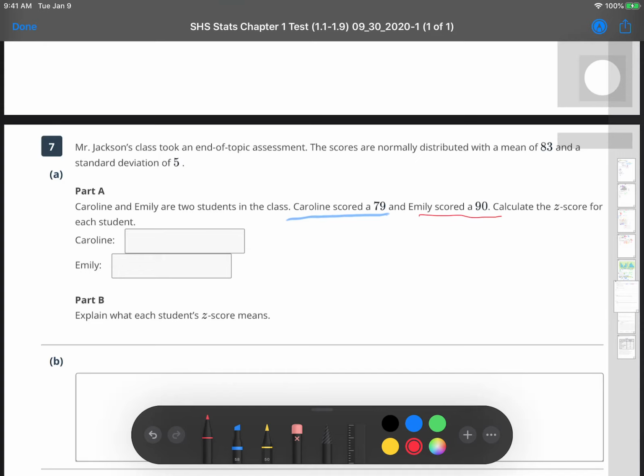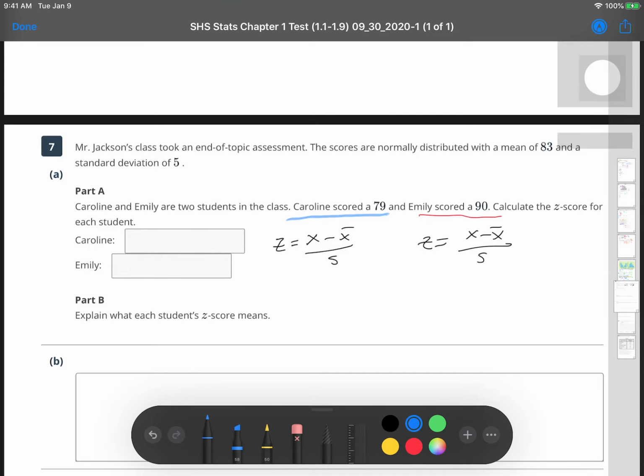Calculate the z-scores for each student. So I'm going to go ahead and write the formula that we need for both of these. And when you want to compare these, we're trying to compare with the same ruler or measurement, and that is the z-score. X, the number, minus the average divided by the standard deviation.